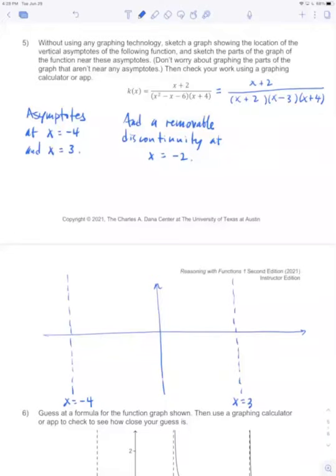Okay, so if we go ahead and finish this, we want to draw the part of the curve that's near the asymptote. So if I pick a value less than negative 4 to input here, we are going to get a positive value out. So we're going to have a curve that's up above the x-axis. If I pick a value greater than negative 4 but less than 3, we'll get a negative value.